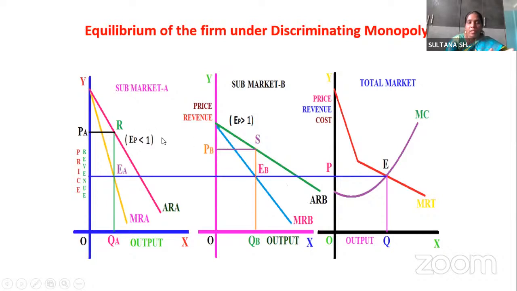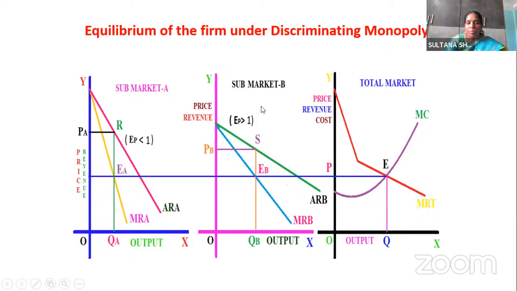Here the demand is less but the quantity is more, so he decreased the price. Anyway, in both markets he is getting profits. Here elasticity of demand is greater than 1, here less than 1, and here greater than 1.